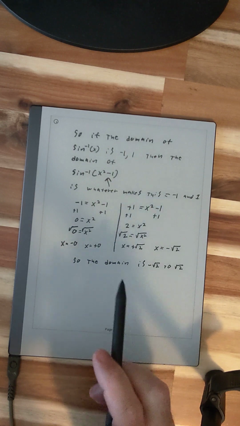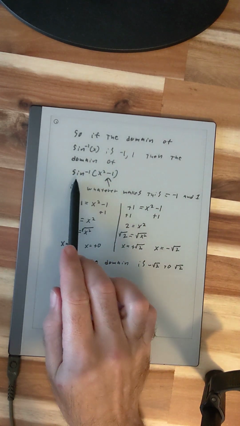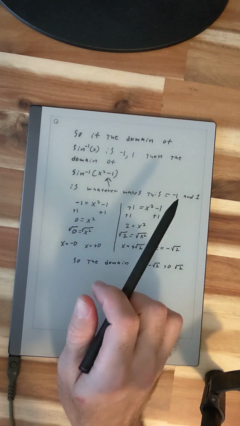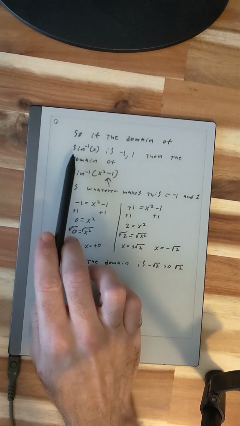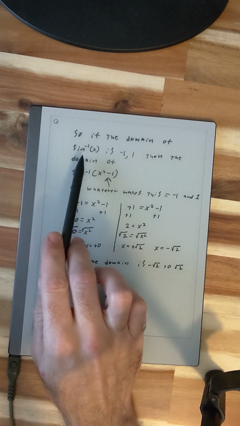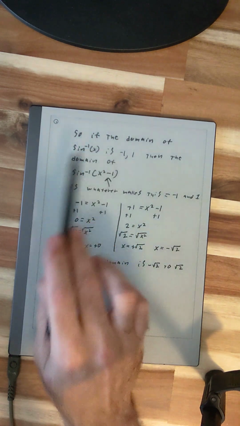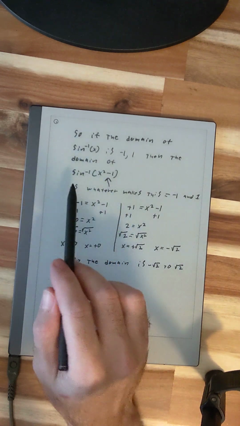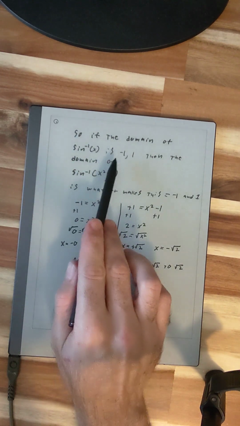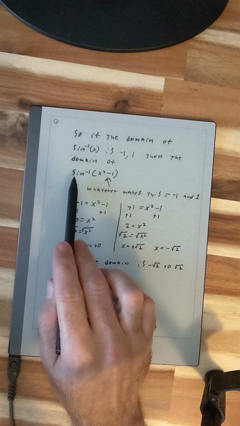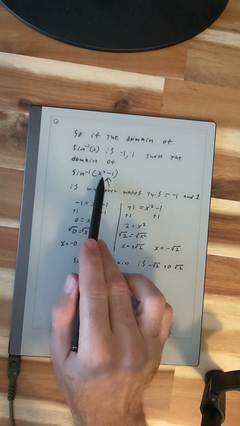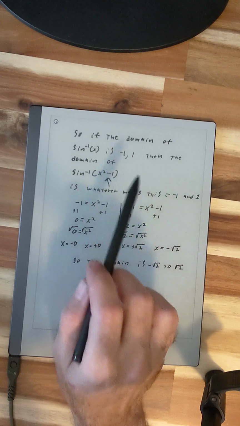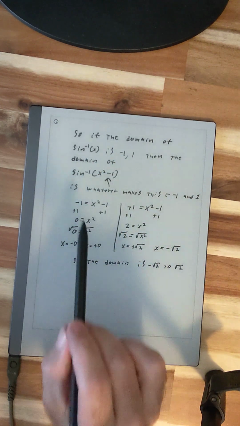So you asked specifically how to find the domain for inverse sine of x squared minus 1. Well, we know the domain of inverse sine of x, and if you're more familiar with the term arc sine, it's the same thing. Inverse sine or arc sine, that's negative 1 to 1. So the domain of this is whatever makes the inside of those parentheses equal to negative 1 to 1.